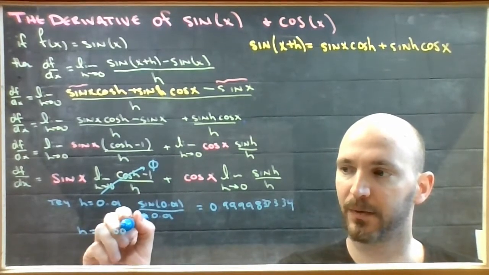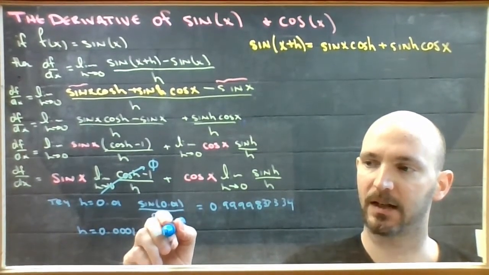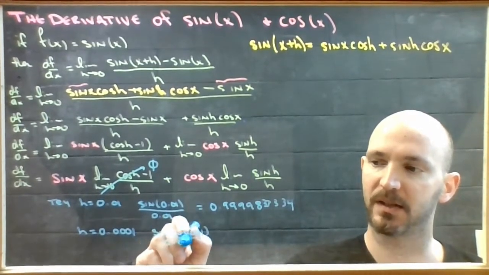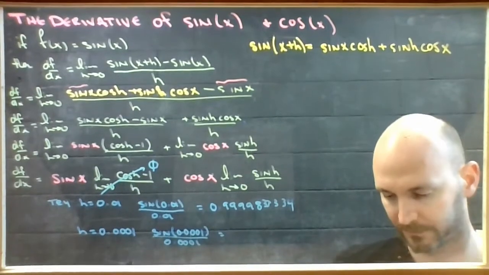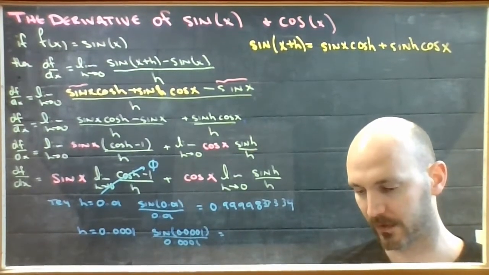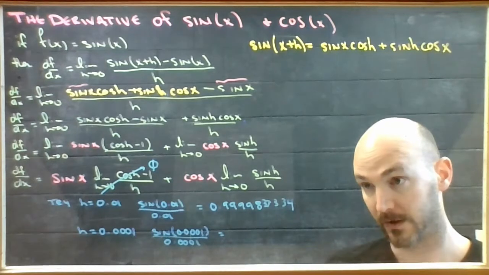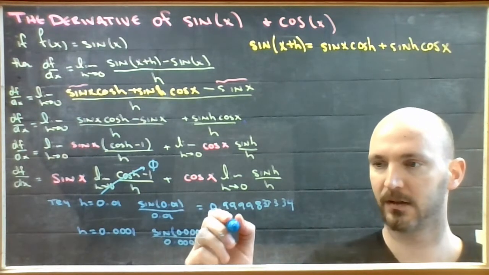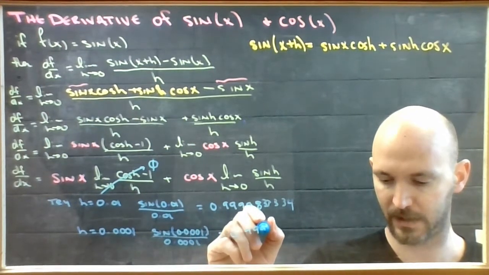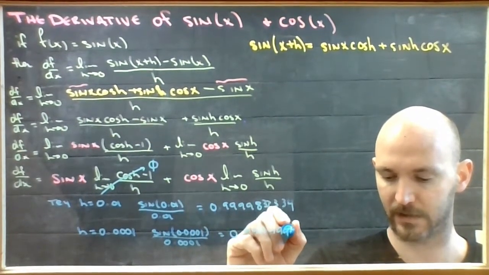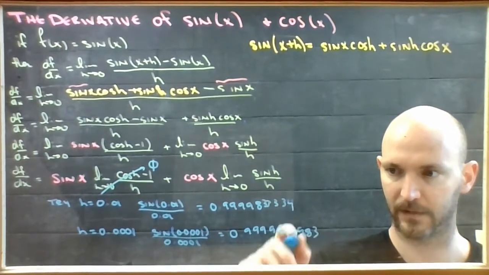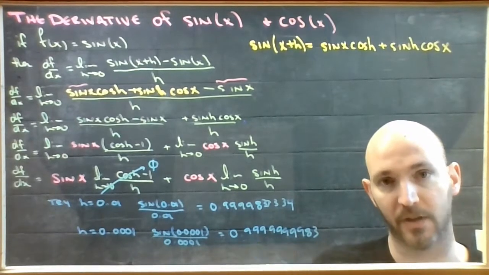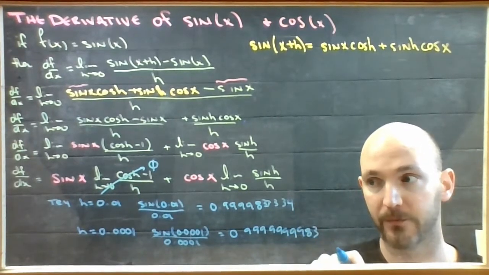All right, getting closer. I'm going to go with 0.0001. So I'm going to take sine of 0.0001 over 0.0001. Something also tiny divided by 0.0001 is 0.99999999983. That's a whole bunch of 9s. It looks to me like these numbers are creeping up on 1 from below.